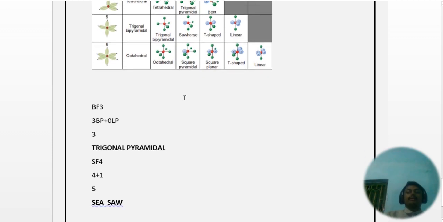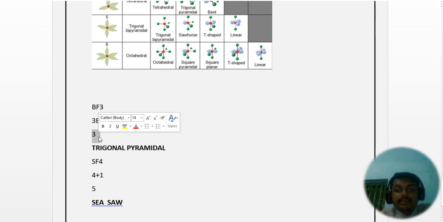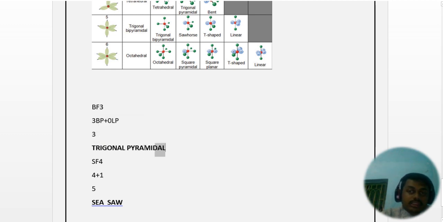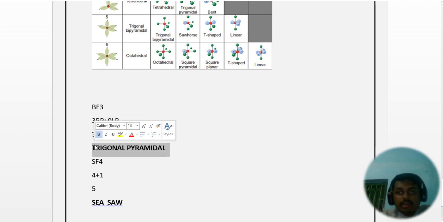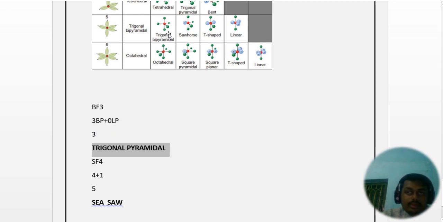For example, the BF3 molecule has 3 bond pairs and 0 lone pairs, which results in steric number 3, and the resultant shape is trigonal planar. Here it is. And for SF4, the number of bond pairs is 4 and the number of lone pairs is 1.